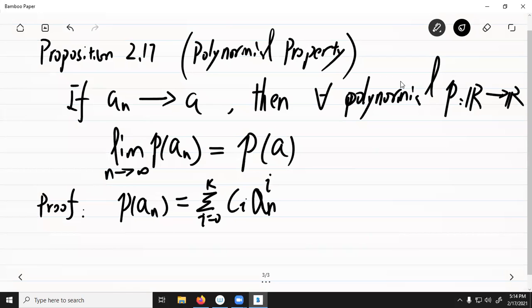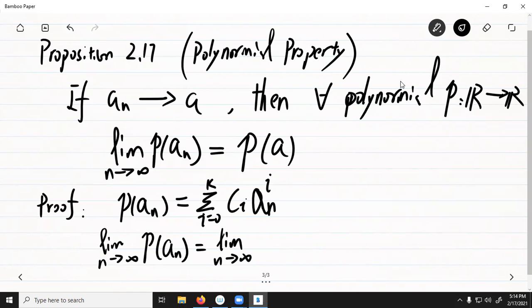So if you take the limit as n approaches infinity of p(a_n), it is the limit of the sum i from 0 to k of c_i times a_n to the i.